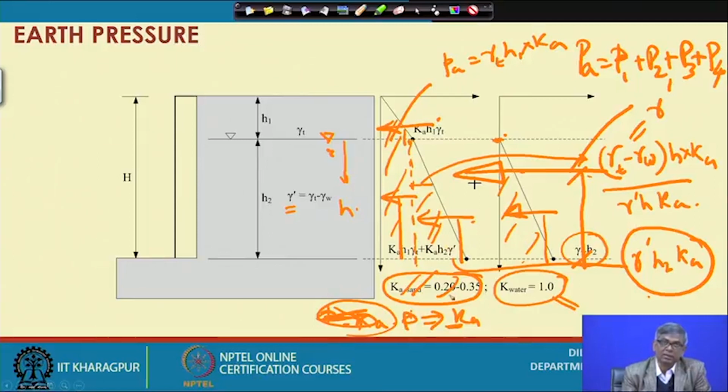And again you have to consider water pressure also, separately. We know the water pressure diagram is 0 at the water table at atmospheric pressure, and at depth it will be gamma W times H, and for water K will be 1.